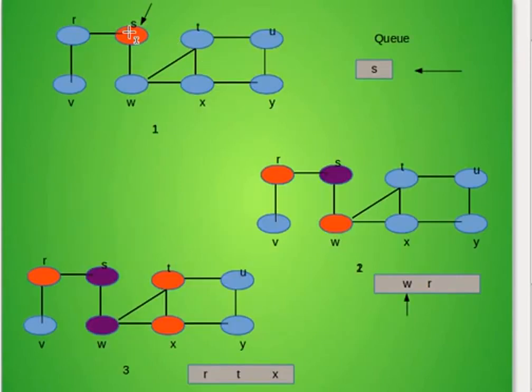Actually, what this orange color means is this vertex is visited and is currently present in the queue, and this purple color means this has been popped out from the queue and explored, and this sky blue color means neither visited nor explored.